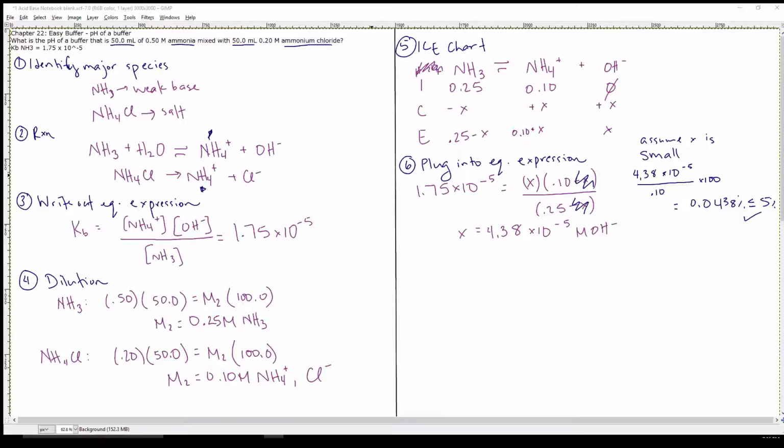Now we know this is a buffer, which means if we're going to solve for pH, we need to use the Henderson-Hasselbalch equation, which means we need more concentrations. I know the concentration of my hydroxide. I can also find the concentration of my ammonium, NH4 plus, which is 0.10 plus x.